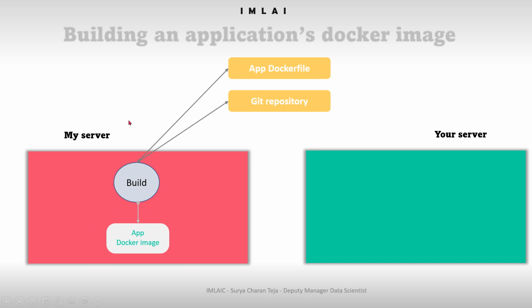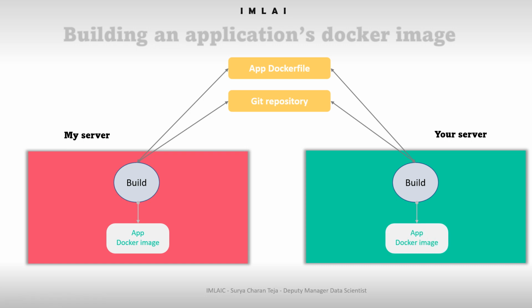Similarly, as this is a public repository, whoever is watching this video can also clone the Git repository from my GitHub account, give docker build from your server, and build that application's Docker image.